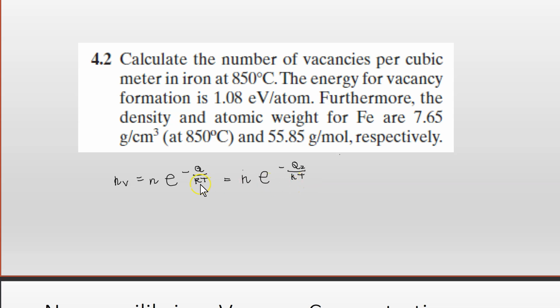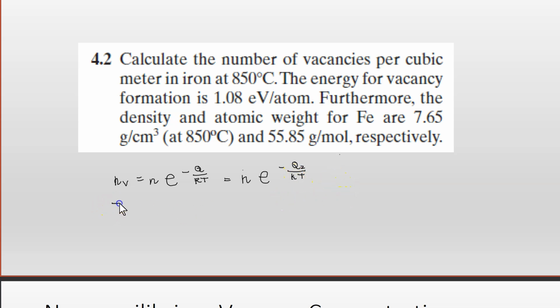In such case, instead of using the ideal gas constant in the denominator here, we're going to use Boltzmann's constant. And we see we're using units of eV, electron volts. So what we want to do here is use Boltzmann's constant in eV units, and we'll get to that.